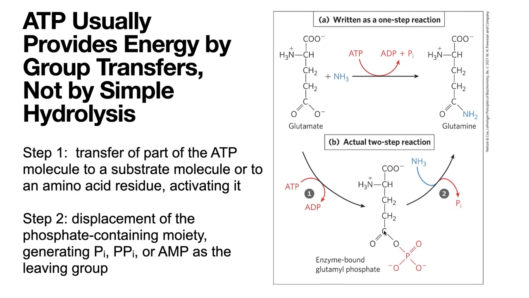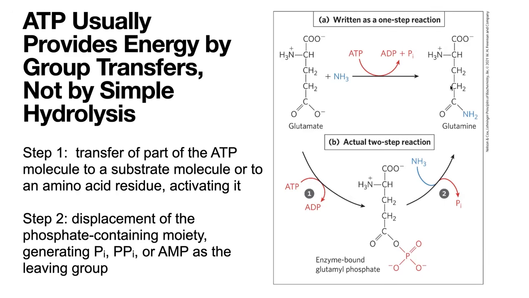So you're making this a better electrophile so that the ammonia can come and attack this carbon and kick off this phosphate group. But the phosphate group was coming because you transferred the phosphoryl group from the ATP that left you with the ADP. So that's this part. And then when the ammonia comes in, it kicks off the inorganic phosphate, and that's where you get it here.